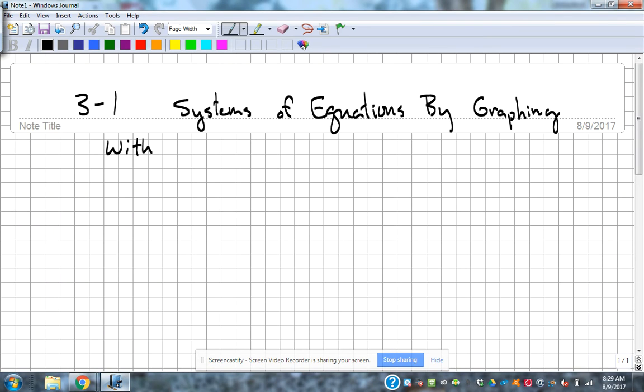All right, so when we're dealing with systems of equations, we're going to deal with two variable systems right now. So graphing, you want to graph that on a piece of graph paper, so it's two-dimensional, x and y.